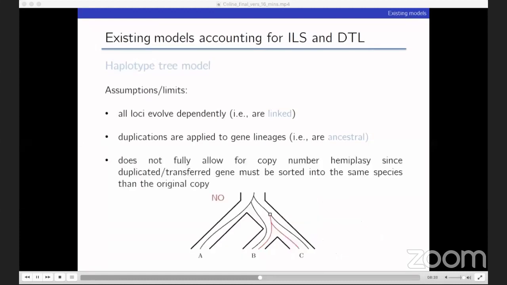Finally, copy number hemiplasty is partially taken into account in this model, since duplicated and transferred genes do not have to be sorted in all species. But since they have to be sorted in the same species as the original copy, barring gene losses, copy number hemiplasty is not fully allowed.